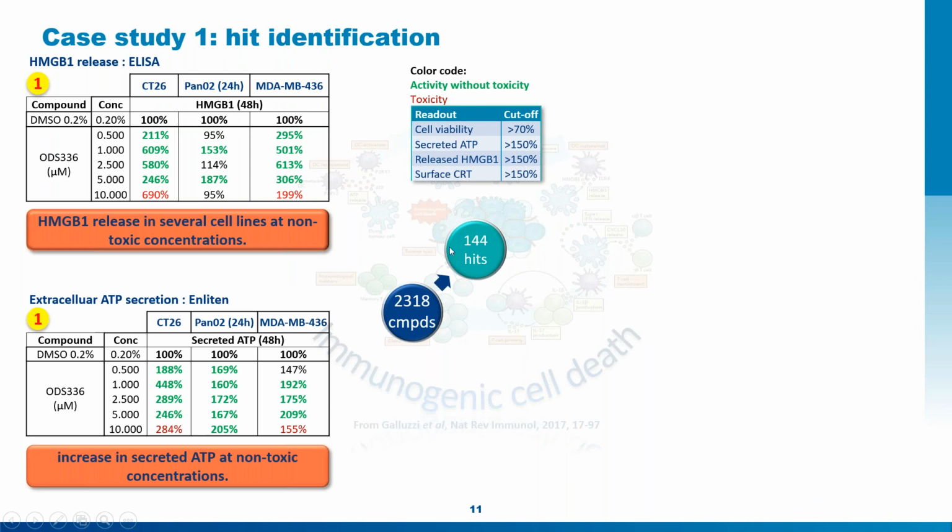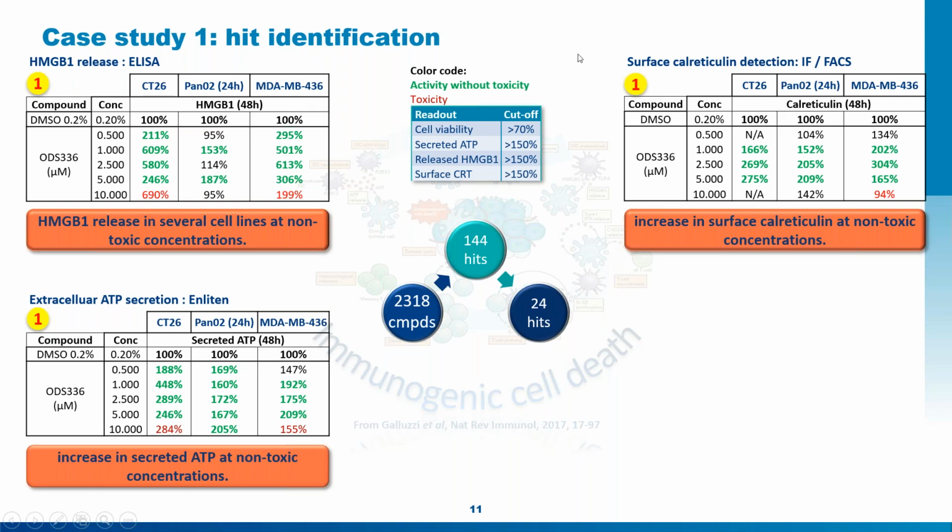Then from the 2,000 compounds, we select 100 having one of these features, and then we move to other readouts, still in the death part of the platform. And we can see that one of the selected compounds is able to induce HMGB1 release from the 3 cell lines of interest.